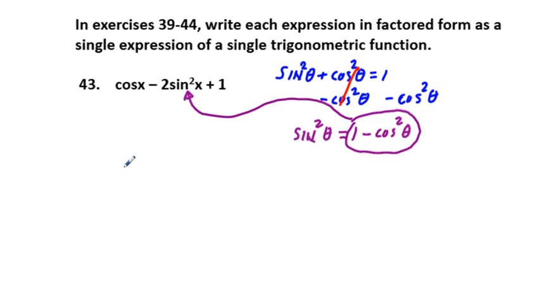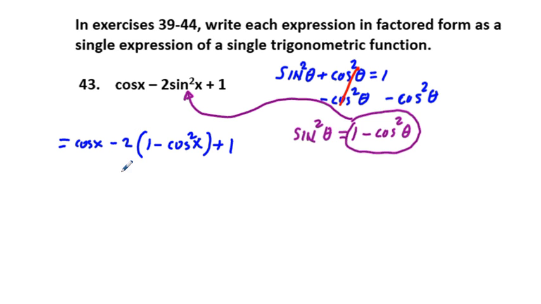To do that, we get cosine x minus 2, and replacing sine squared x plus 1, we put 1 minus cosine squared x in its place.